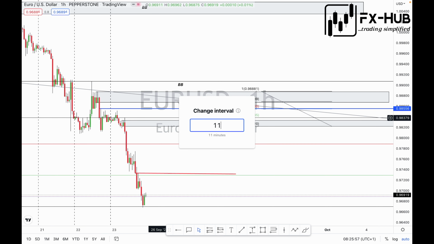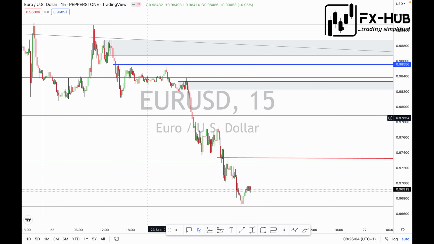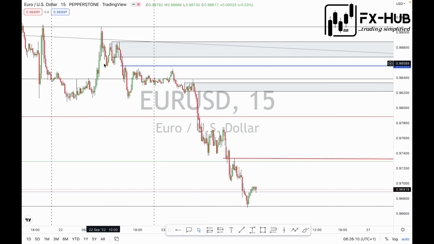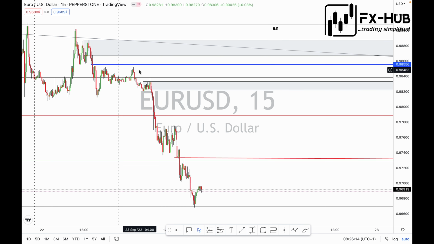Around this point, let me go to the 15 minutes because we're trying to refine it. If you are looking at that very point, we might necessarily get a raid because on the 15 minutes you equally see an unmitigated order block here.